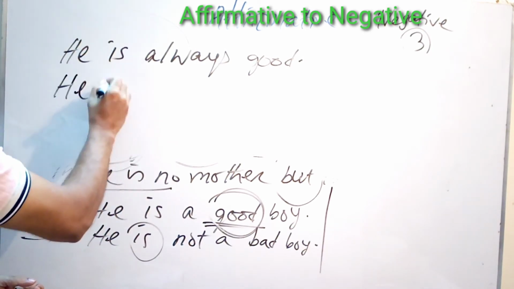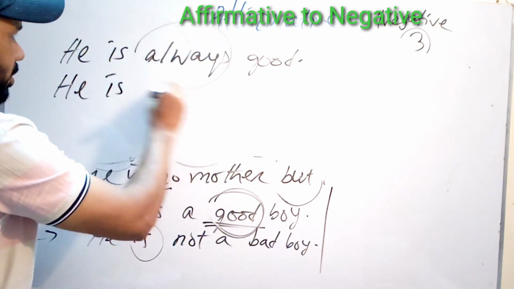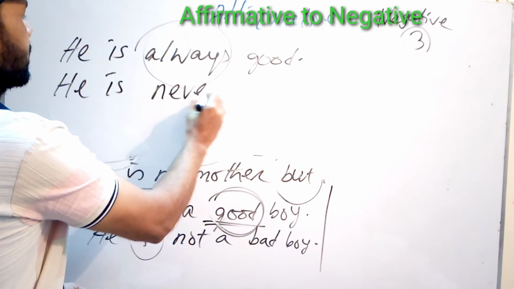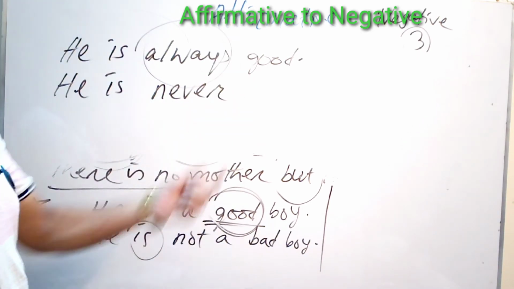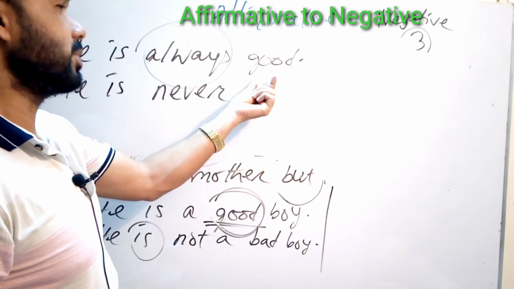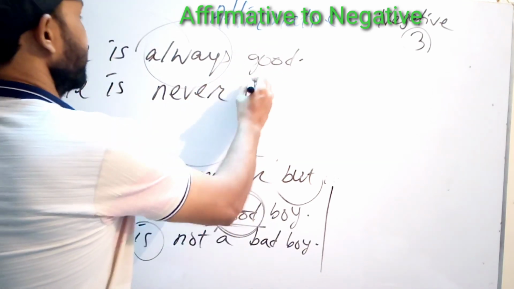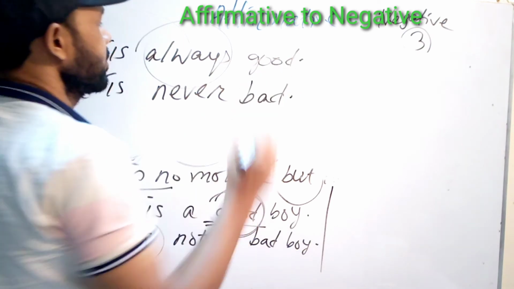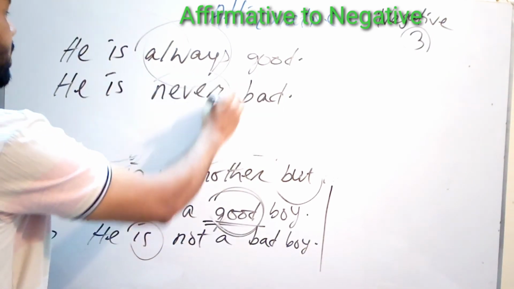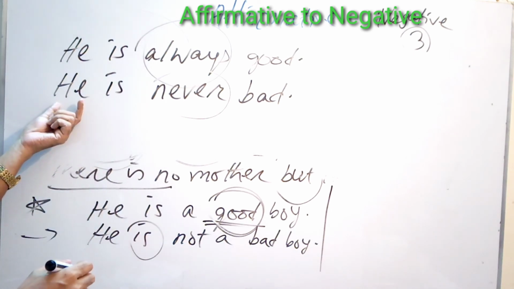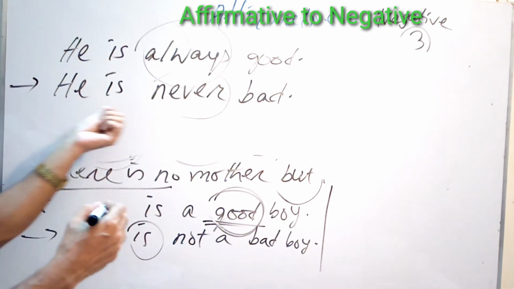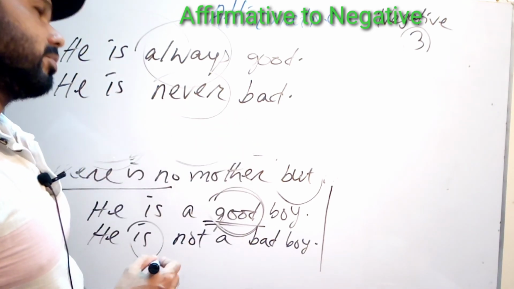He is, and in place of always you have to use never. Never. And the opposite adjective of good is bad. So when there is always in an affirmative sentence, you have to use never. Then the negative form of the sentence is he is never bad. It is done into negative.